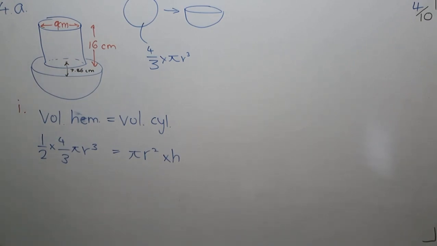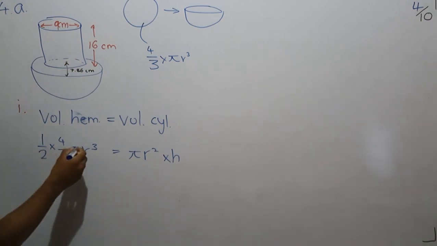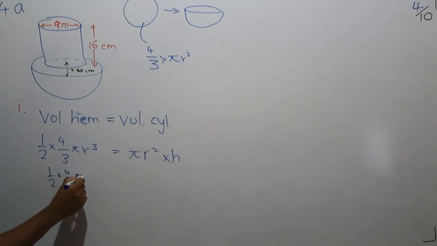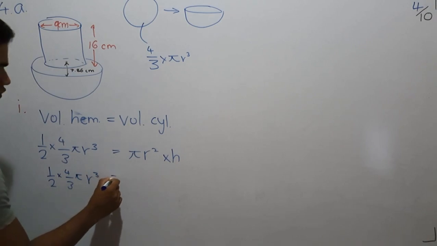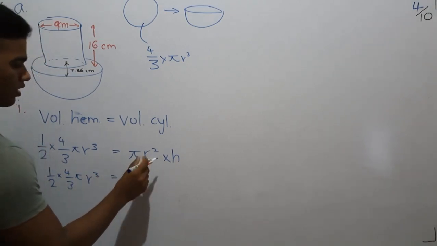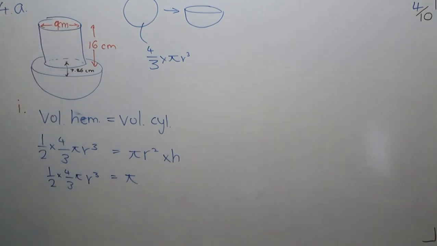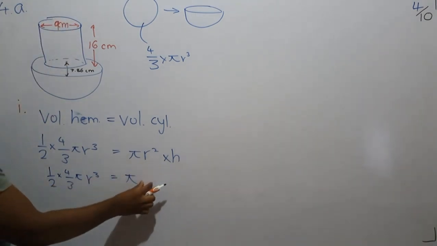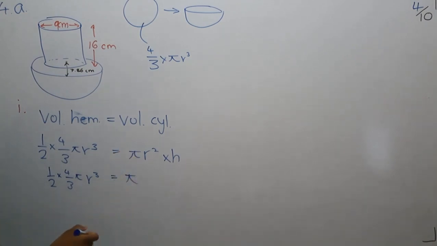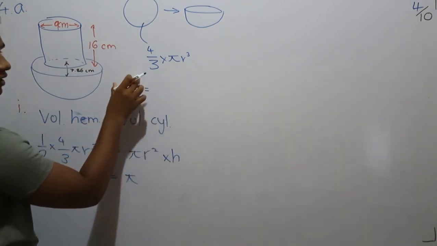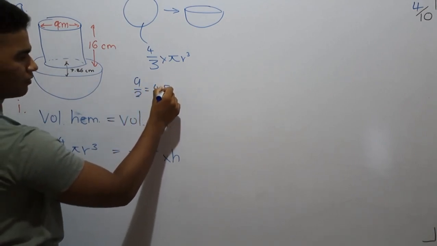So we'll apply the values now. Hemisphere, this r should be calculated. Half into 4 divided by 3 pi r cube equals pi r square h. Now what they have given in the cylinder is 9 cm, but what we need is the radius. 9 divided by 2, without writing 9 over 2, we will write it as 4.5.